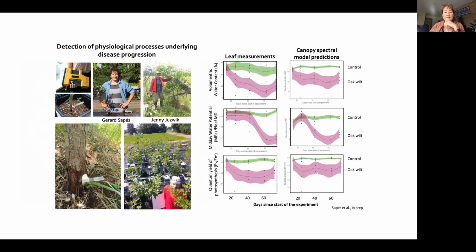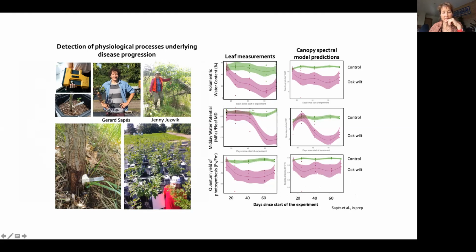The same information is also really useful in detecting the physiological processes as they progress through the disease. This is using naturally occurring seedlings in the field that were infected with oak wilt, and through the progression of the disease shown in red compared to green. This is decline in water content in the canopies, actually measured in leaves and then predicted from the canopies.